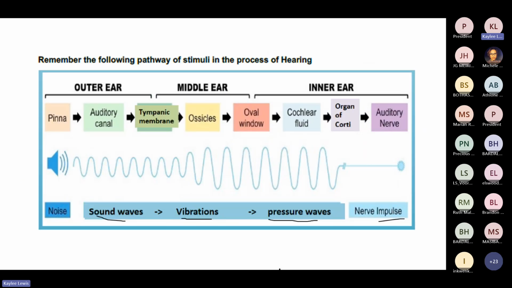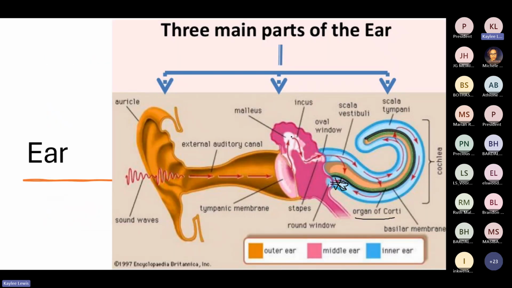If I just show you on this picture, it's easier. If your ossicles over here are hardened, so they can't move, they can't vibrate, just think, well, if that can't pass the vibrations along, that means your oval window can't vibrate, which means pressure waves can't be created in the cochlea, which means the organ of Corti won't be stimulated.